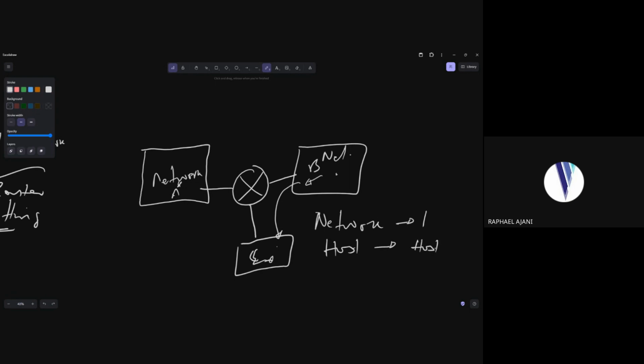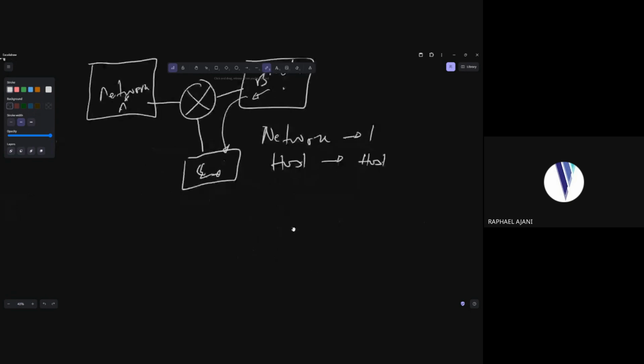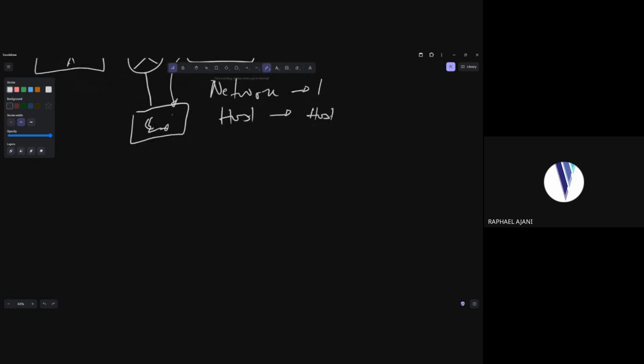how do we know which part of the IP addressing is the network, and how do we know which part is the host? Now, IP addressing is regulated by an organization.